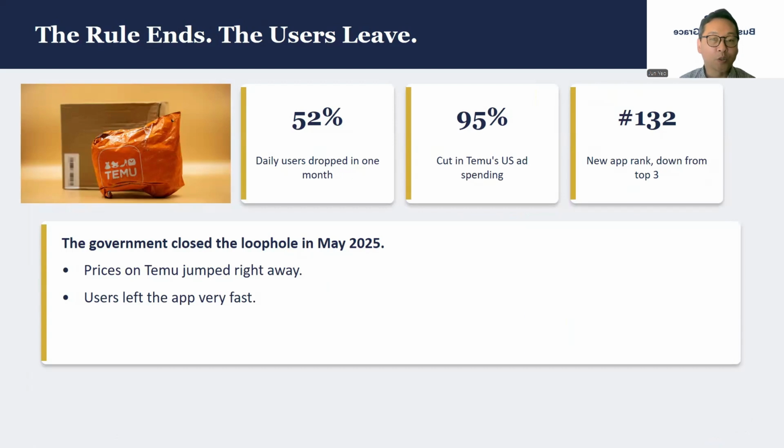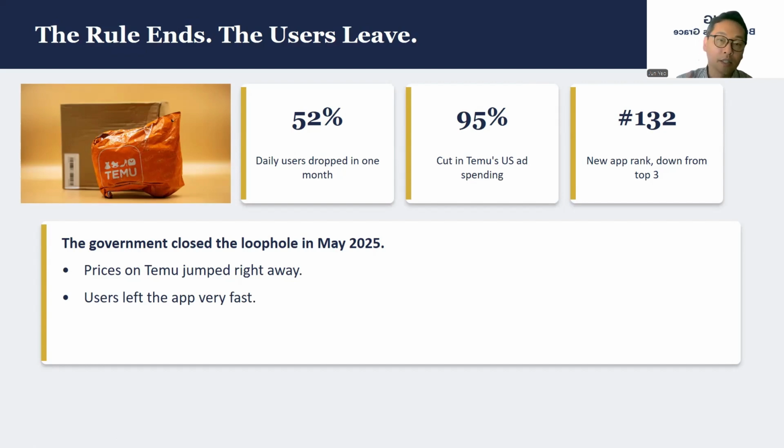In May 2025, the government closed this loophole. Prices on Temu jumped right away. Users left very fast, because most of the users in the United States used Temu since it was nearly half the price of Amazon or eBay or any other US-based online shopping malls.